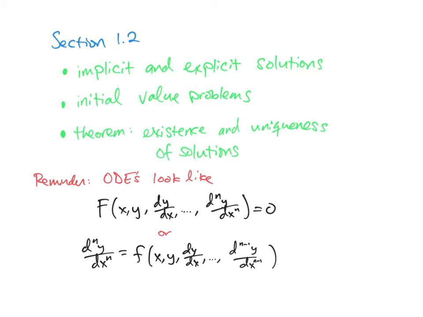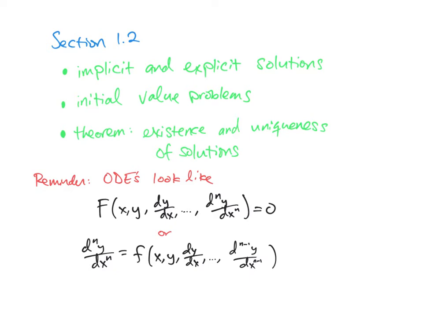Or we might take the biggest derivative of y and pull it out and keep it on the left-hand side, either way. Now, I will note that I have flipped the notation from the last video so that our independent variable is x instead of t. Sometimes you see it one way and sometimes another, and I will do it all different ways throughout these videos, so keep you on your toes.